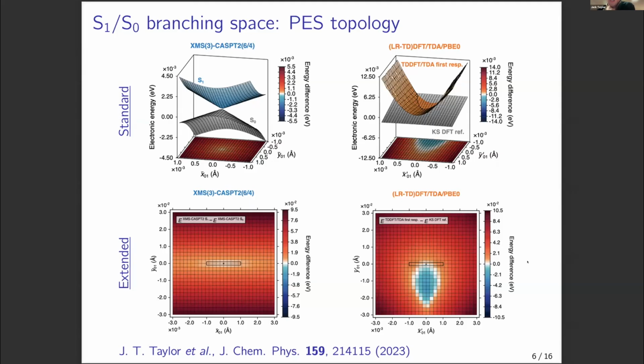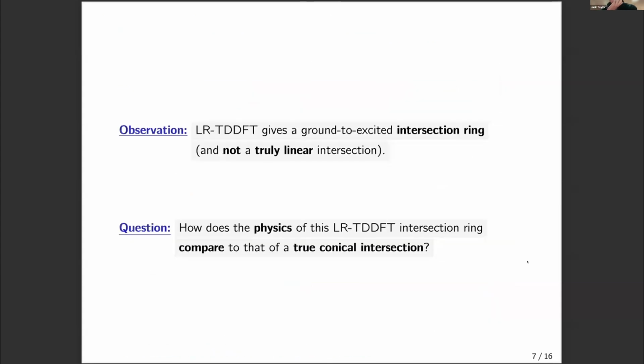So that's interesting. We're not seeing an infinite linear intersection, but actually a ring, something slightly more reminiscent of a point of degeneracy. So yes, we have an intersection ring and not a truly linear intersection.